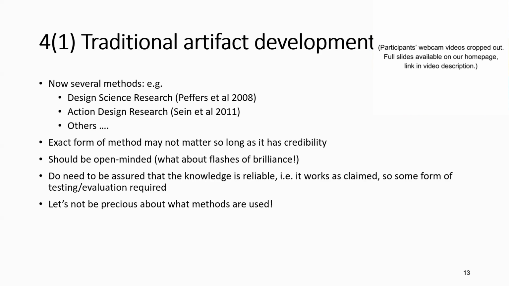So quite often, fortunately, people will build the artifact and do some type of indicative testing to show that it works. And it's easier if you've got something like an algorithm for, say, AI, where you've got a test bed and you can run it through lots of times. But if you've got to get to the stage of either doing experiments or doing in-depth case studies, really you've got almost two studies. And I'd say the methods you've used need to be convincing, but let's not be too strict about what people use.